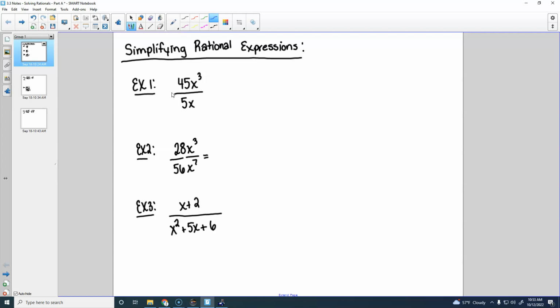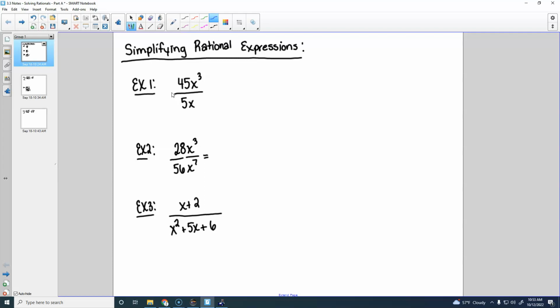Logs? What else? Fractions, particularly. What about the fractions? Their denominators cannot equal 0. What was the third, just so we remember it? Square roots, right? We can't have negatives in a square root. Now, logs and square roots are not going to show up here. Denominators of fractions is what we're concerned with, all right?